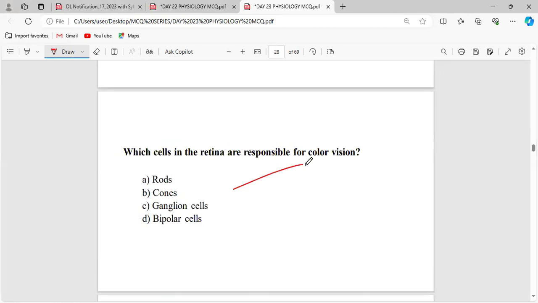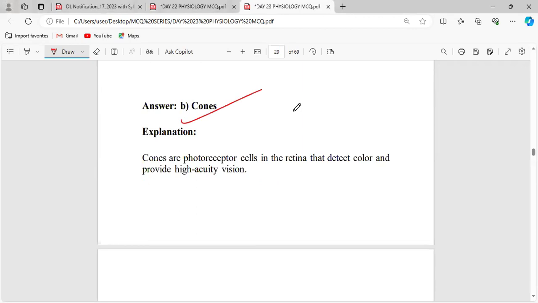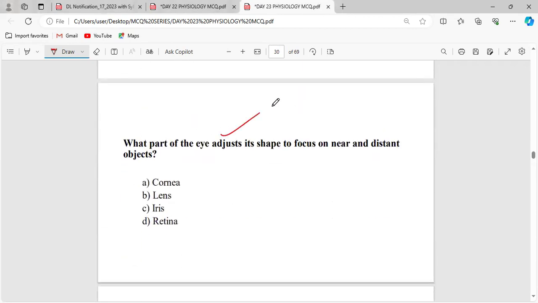And which cells in the retina are responsible for colored vision? Colored vision will be the cones. What part of the eye adjusts its shape to focus on near and distant objects?